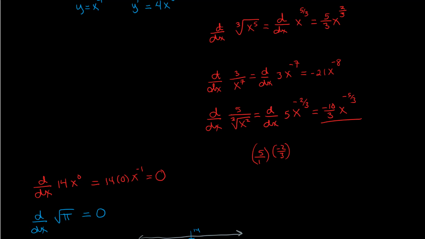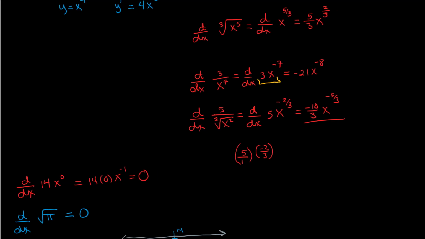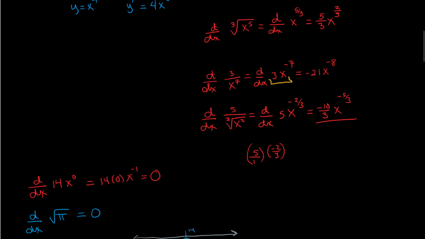Let's try another one of these. If you have 3 over x to the 7th, that can be written as 3 times x to the negative 7th power. Remember, the negative in the exponent just means that that variable was originally in the denominator.